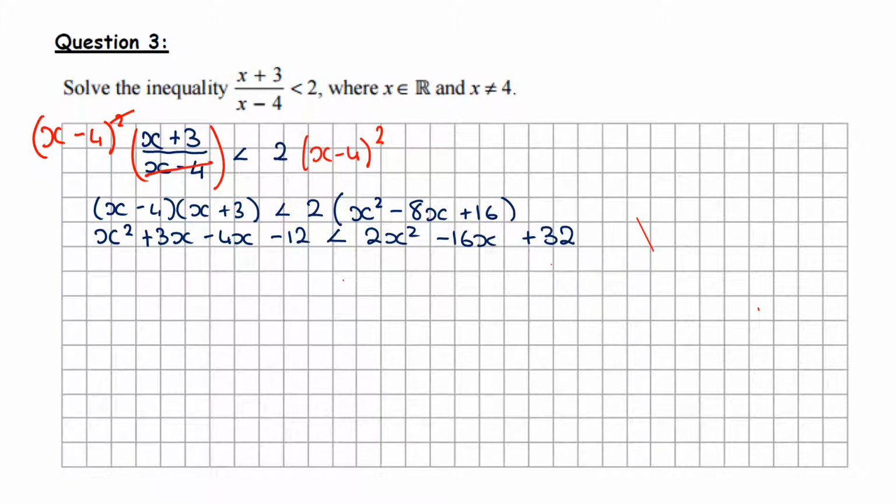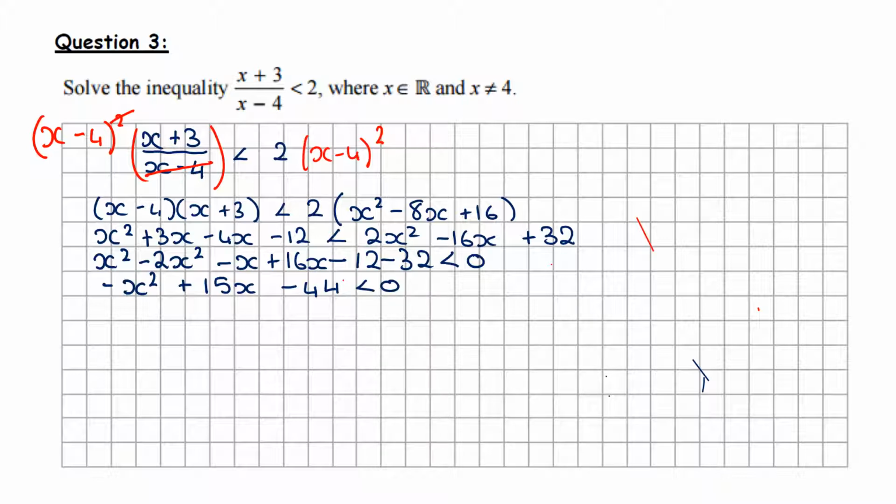So bringing everything across, we get an x² minus 2x². Cleaning this up, we get a minus x plus 16x. We have a minus 12 and a minus 32, is less than 0. We get a minus x² here as we clean up, plus 15x, and a minus 44.